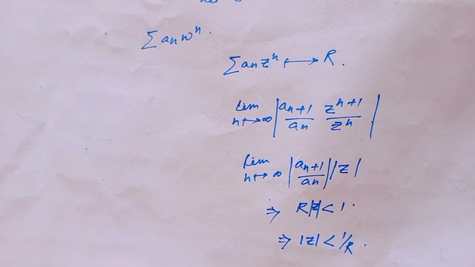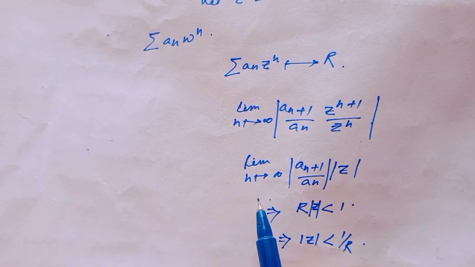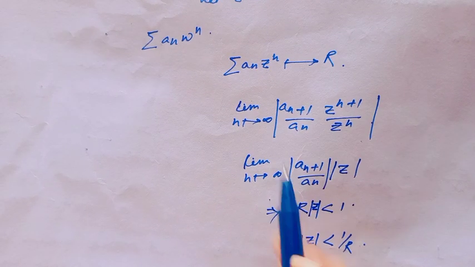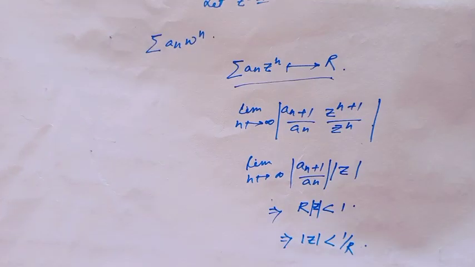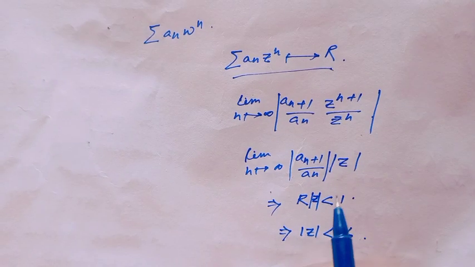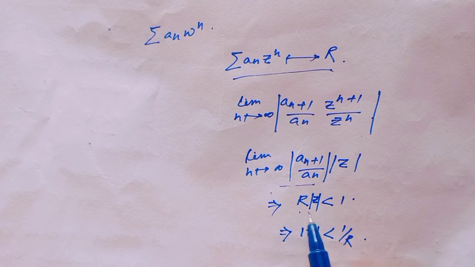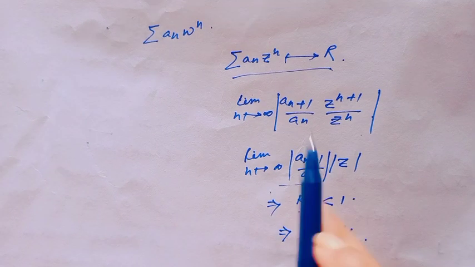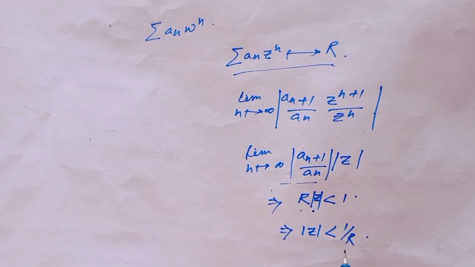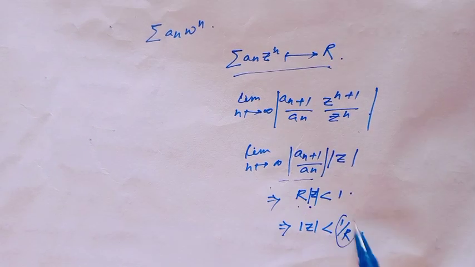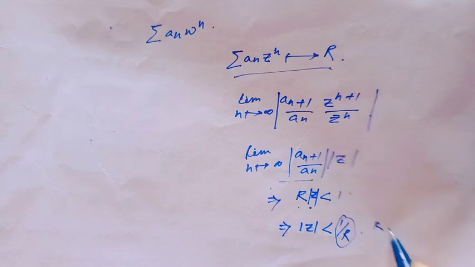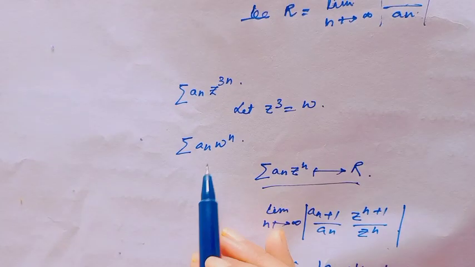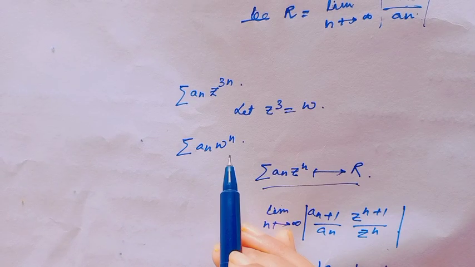And here, since the radius of convergence of this power series is r, this value would be r times mod z, and this power series converges when mod z less than 1 over r. Therefore, the radius of convergence of this power series is actually r. Since here our reduced power series is a n w to the power n.